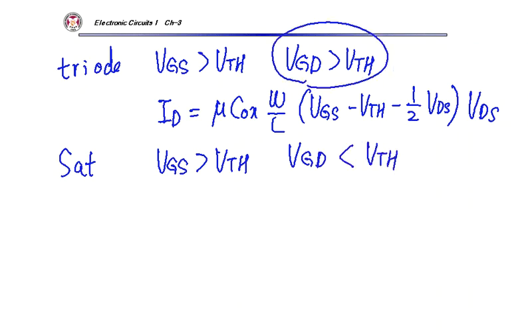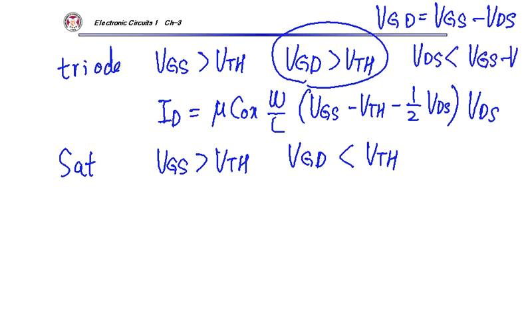You can write VGD equal VGS minus VDS. So my VDS is less than VGS minus VTH. They're the same condition. Okay.